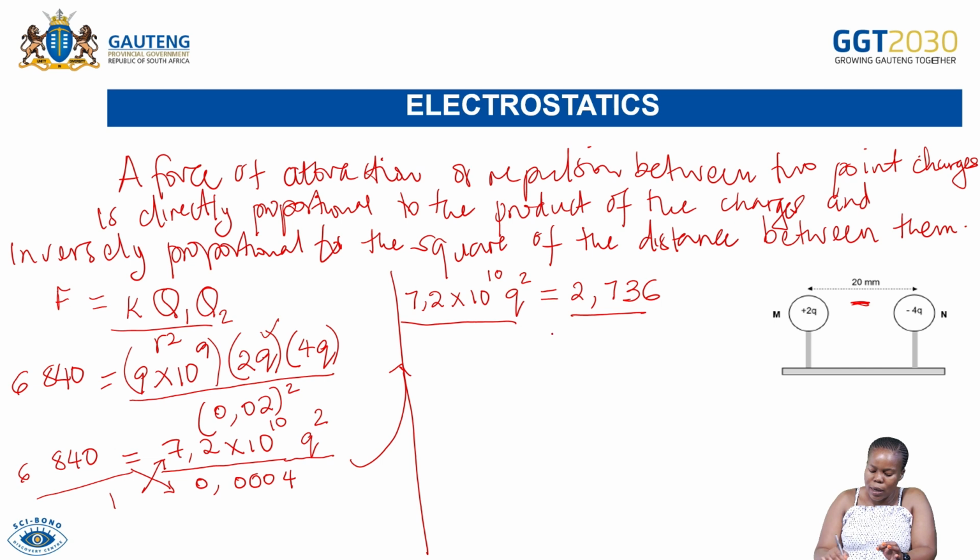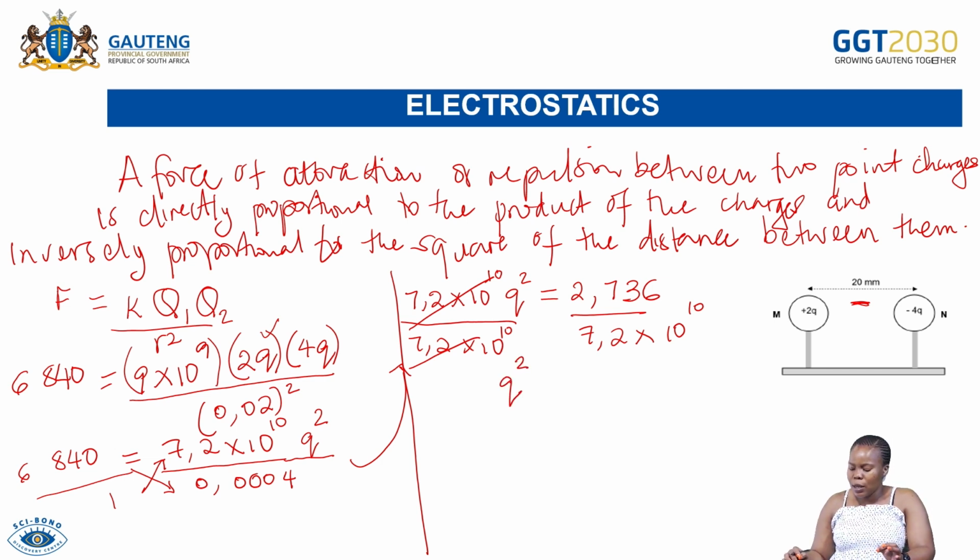Okay, so now you're trying to find q squared and not just 7,2, so you have to divide on both sides by 7,2 times 10 to the power of positive 10. That is cancelling that, and this side you are left with q squared. Then you divide by 7,2 times 10 to the power of 10.